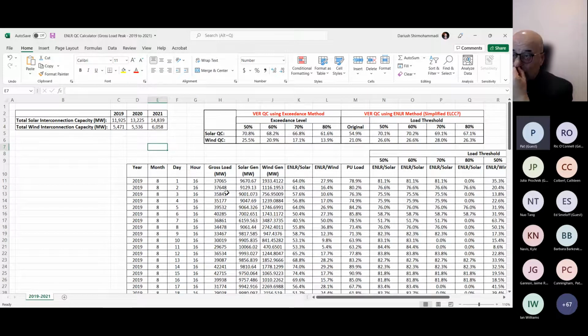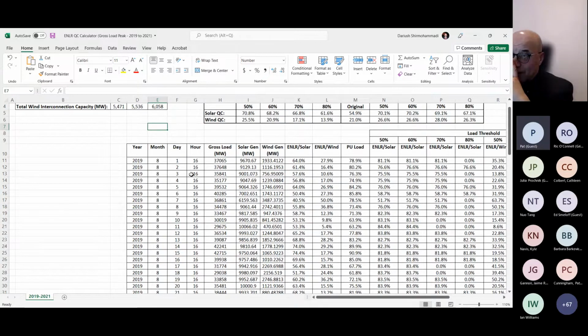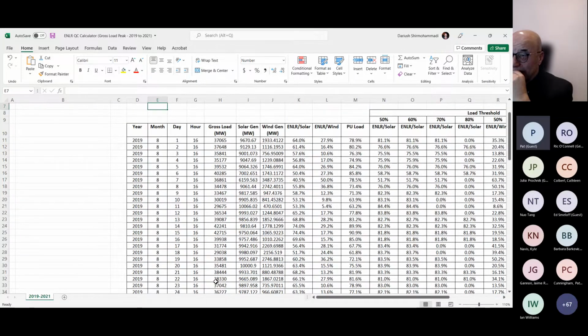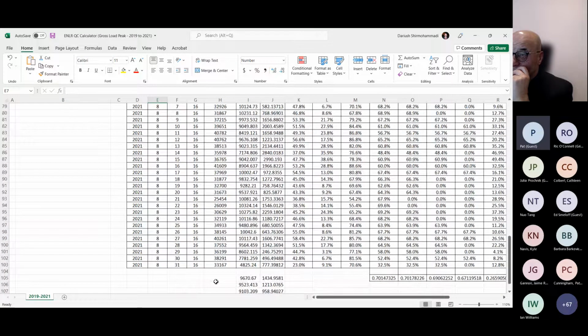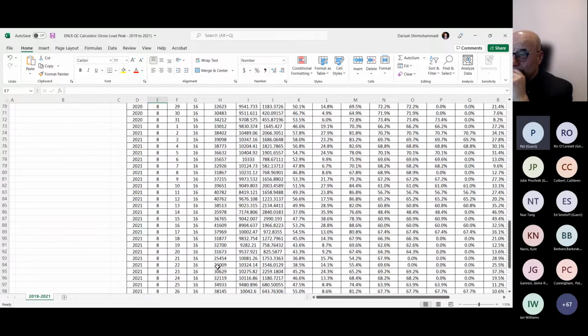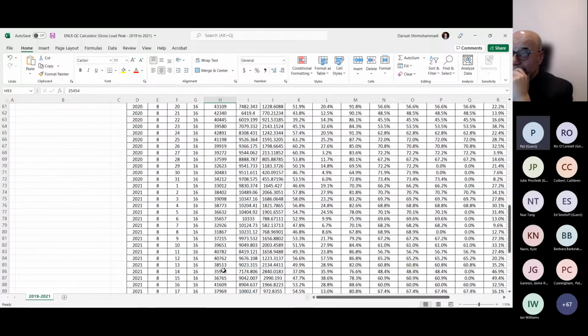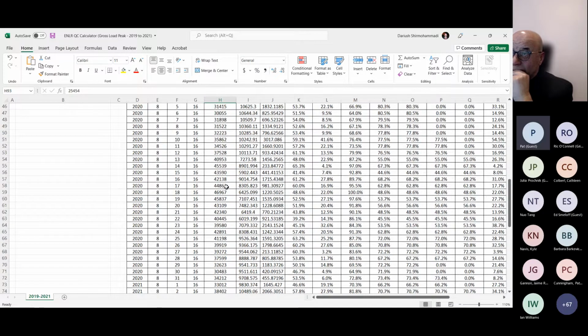And if you look at the gross load, this is one hour, hour ending 16. This is the gross load. This gross load changes anywhere from as low as about 25,000 megawatt to as high as, I think, 47,000 megawatt. This one is 47,000 megawatt.